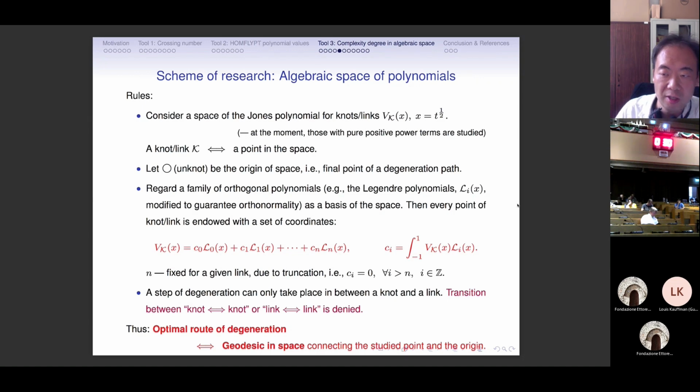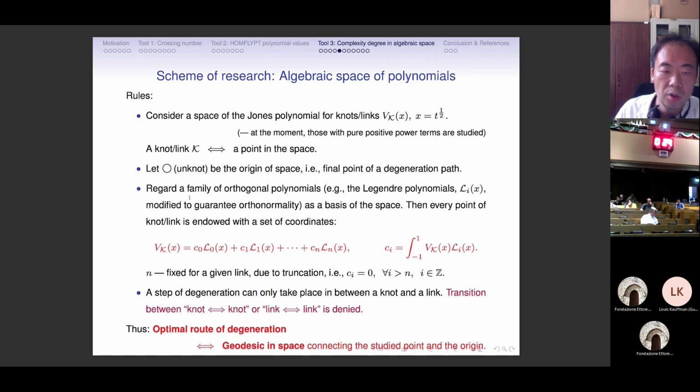Technical. So this page just contains some technical details. We consider a space of the Jones polynomial for knots and links. Then a knot is a point in the space, and we let n0 be the origin of the space. And how to obtain the coordinates of this knot point?